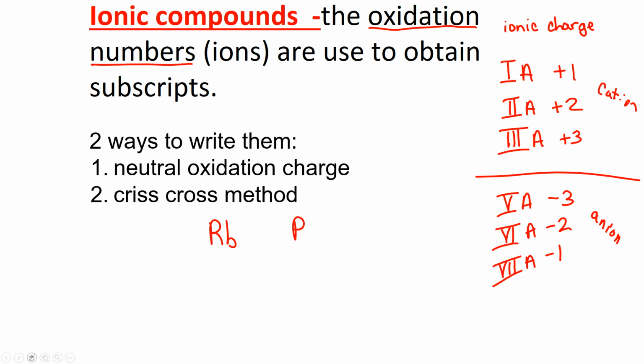Looking at these two elements, based off the location on your periodic table, what oxidation number or ionic charge should I assign to rubidium, Rb? A positive 1. What charge should I assign to phosphorus based off its location? All right.